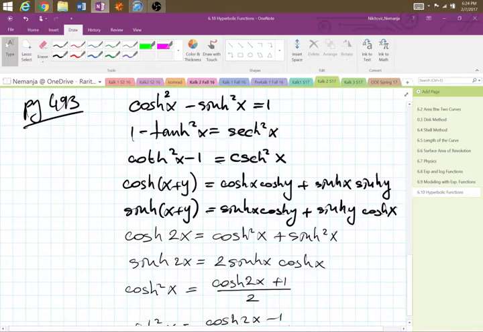So it's 1 plus cosine and 1 minus cosine 2x. So they're very, very close. And I hope you guys see why the naming for these functions is utilizing trig. But these are not trigonometric functions. And they do not behave the same as trigonometric functions.